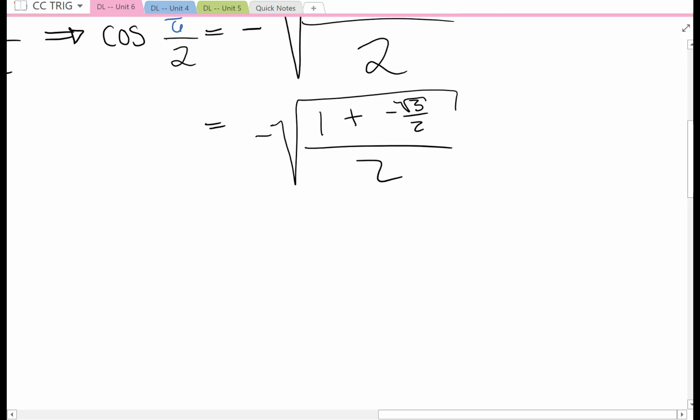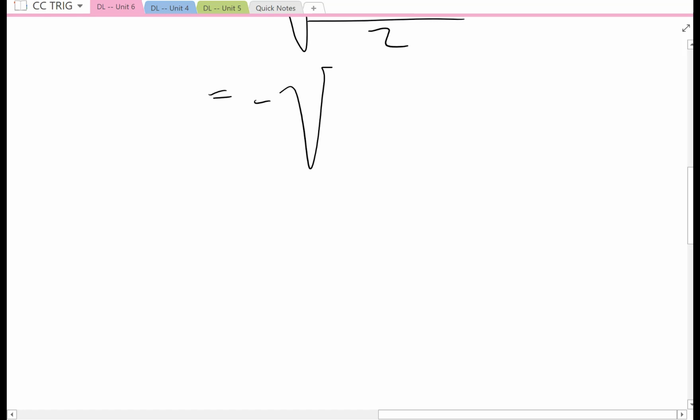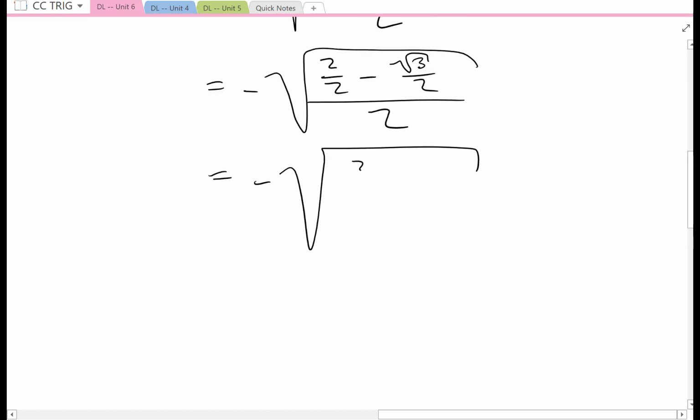The rest is algebra. The first step, combine the fractions on the top. 1 is equal to 2 over 2. 2 over 2 minus root 3 over 2, all over 2. Now you're going to have the fraction 2 minus root 3 all over 2 all over 2.